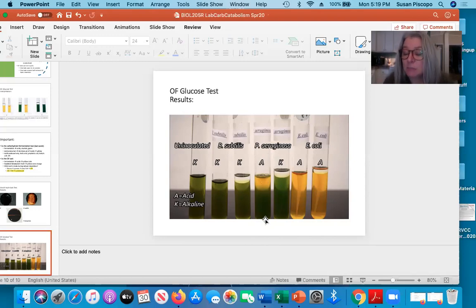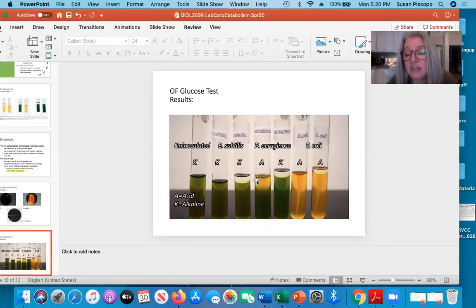Remember that depending on the microbe, cellular respiration can be done aerobically and it can be done anaerobically. Some microbes are strictly aerobic though. They can only use oxygen to do cellular respiration. Just like you and I require oxygen for us to do cellular respiration.